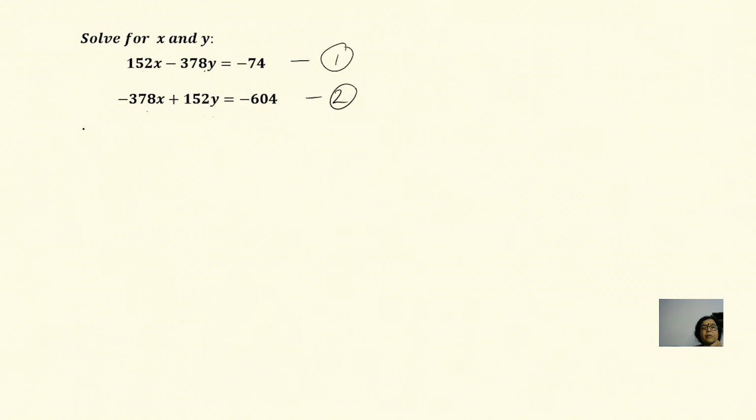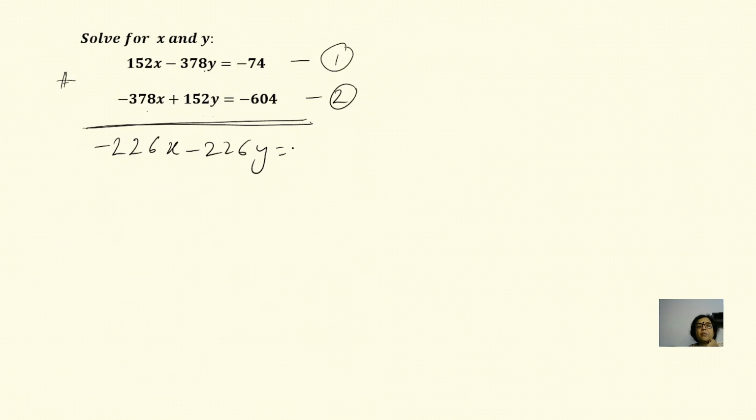First of all, we will add these two equations with the proper signs that they have been associated with. When we add these two equations, the signs are not going to change. We'll get minus 226x and minus 226y is equal to minus 678.